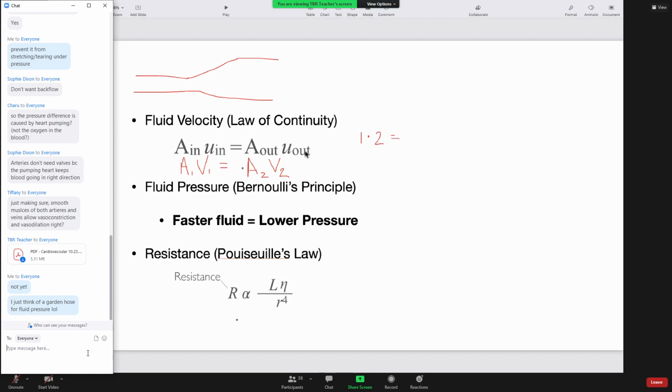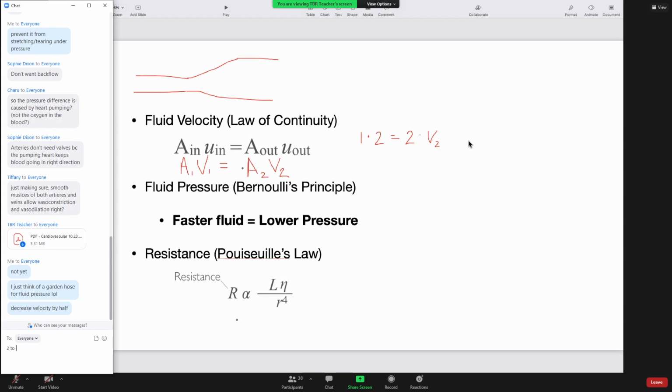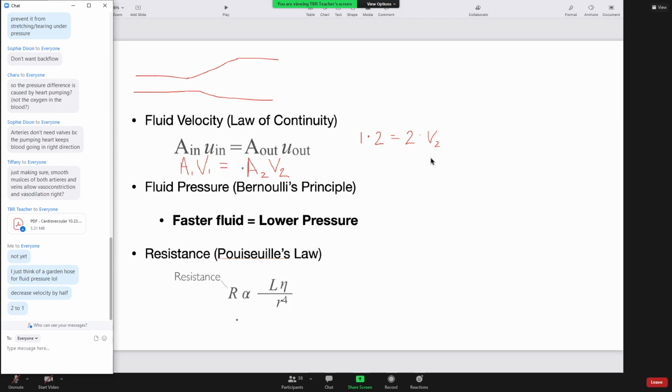Let's say the cross-sectional area of the second tube is twice as big as the first tube. This is definitely not to scale. If we double this cross-sectional area, what will that do to the second velocity? It decreases by half, exactly. So the velocity drops to 1. By increasing the cross-sectional area of that tube, we have decreased the speed of the fluid.